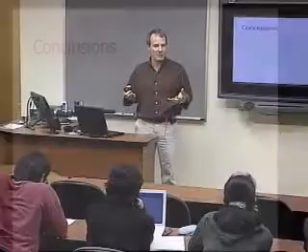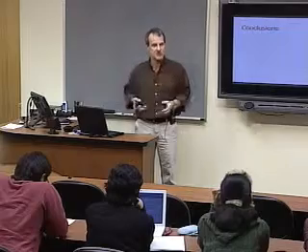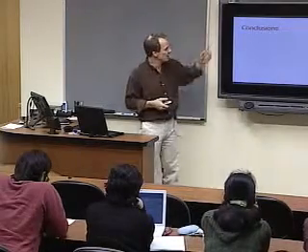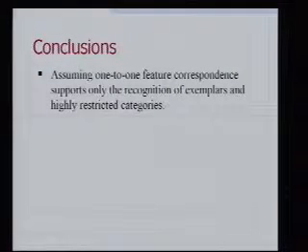and that allows us to begin to look at the problem. Because we have this many-to-many matching machinery, it allows us to look at the problem of how to build models that capture an object at different levels of abstraction. Okay, so summing up, a few final points. This assumption of one-to-one feature correspondence really supports the recognition of exemplars and highly restricted categories where you can make the assumption that there are corresponding parts one-to-one.